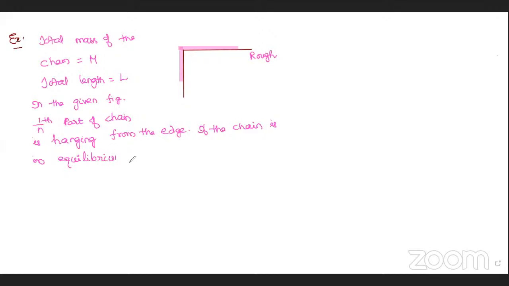I did not remember that question, Anna. That's why I did not give any answer for that. Okay, if the chain is in equilibrium, then mu between the table and the chain is, I don't know, Nana.